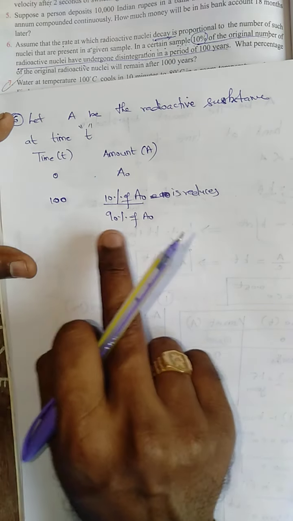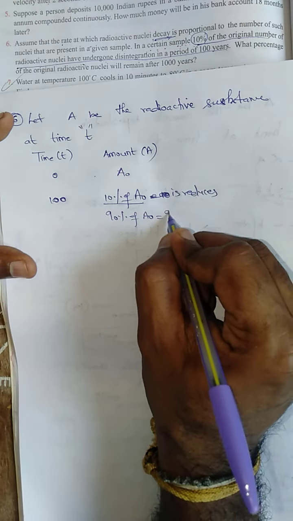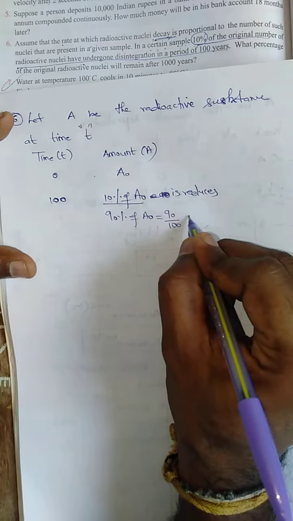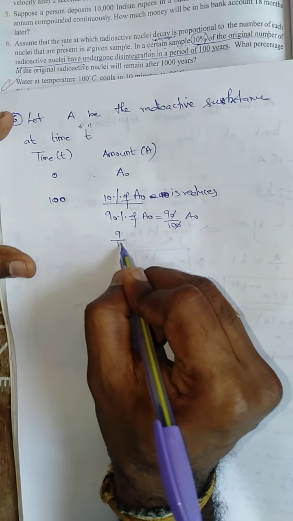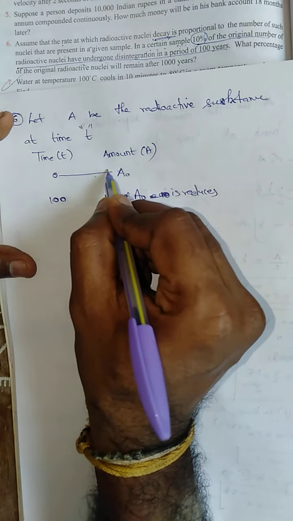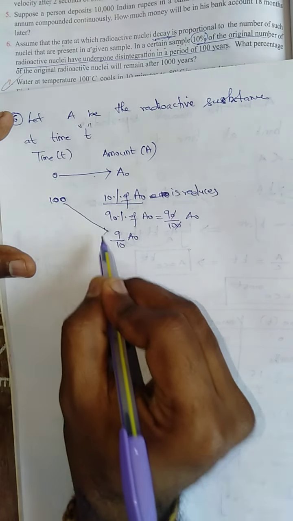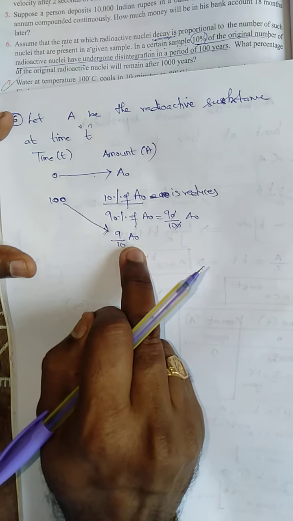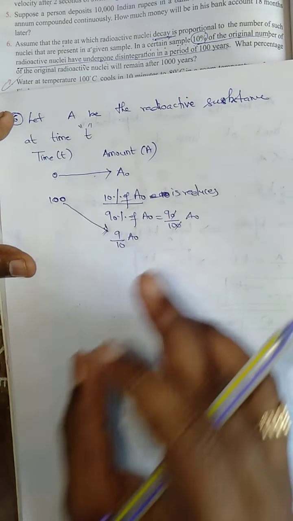So after 100 years, 90% of A0, which I can write as 90 by 100 of A0. The zero cancels, so 9 by 10 A0. So at 0 years, initially A0 is present. After 100 years, 9 by 10 A0 is present, because 10% of A0 is reduced.